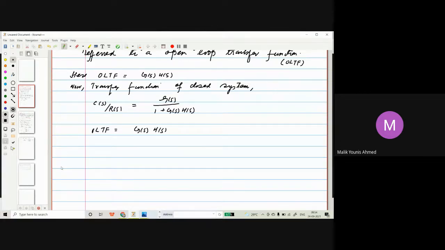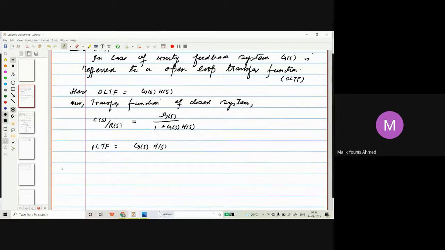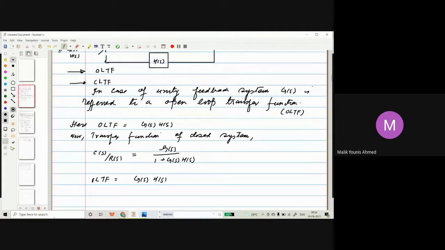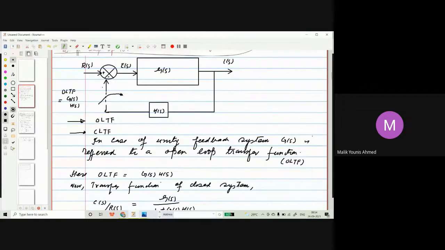I'm repeating again. We can say that if a closed loop system is opened, just now I opened it, in a sense that negative feedback is not connected to form a closed path, then the product of G(s) into H(s), as shown in this figure which I am talking about, will be treated as an open loop transfer function.